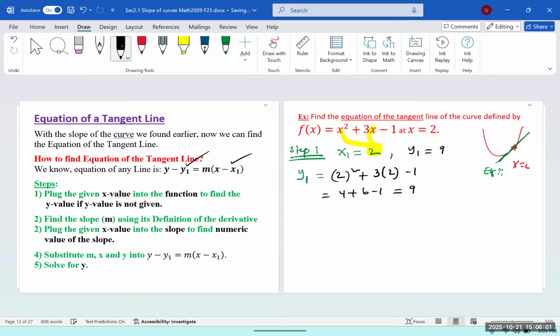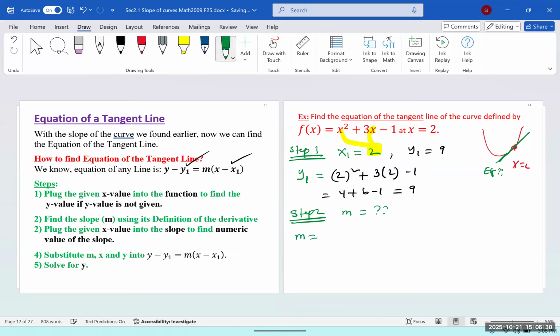So x1, y1, we have both of them. We're happy. But the only missing thing is the m. So as step 2, what's the m? We need to use the formula, the definition of the derivative, to get the slope equation.